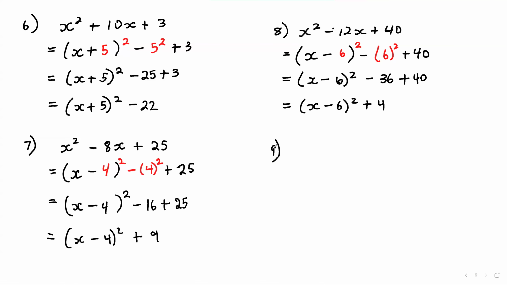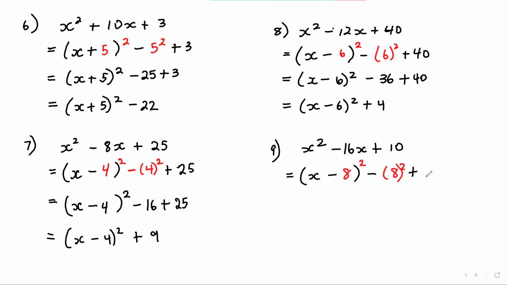Athena, are you there, honey? So x squared take away 16x plus 10. So it would be x minus 8, half of 16, squared, minus 8 squared plus 10.